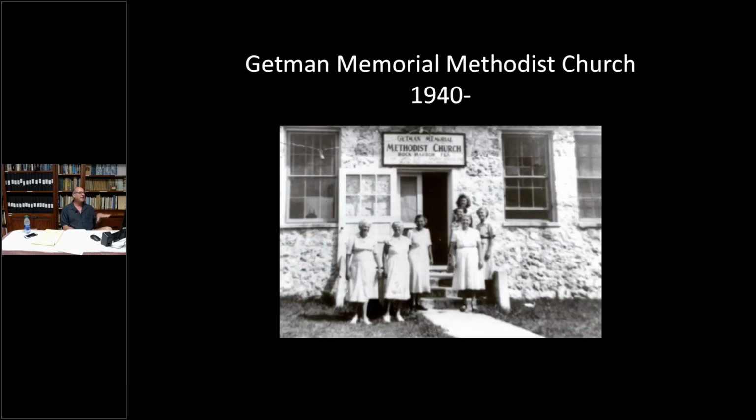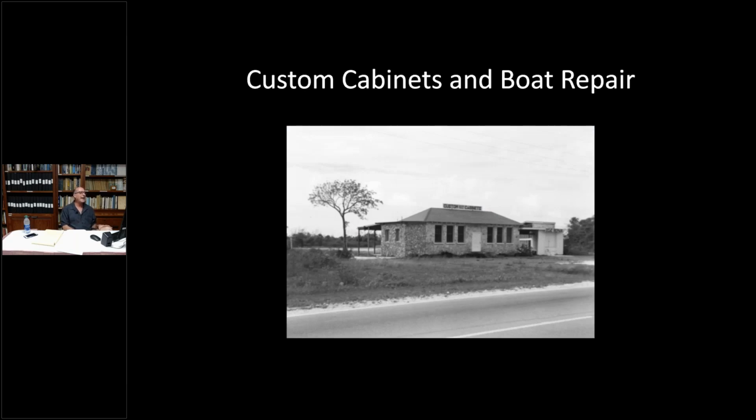Now, this is again a close-up of the former Rock Harbor School. It closed down around 1939. It operated from 1924 to 1939. And then in 1940, it became the Methodist Church, Reverend Getman Memorial Methodist Church. I'm not sure how long it operated as that, but this particular building has seen many incarnations, including custom cabinets and boat repair.